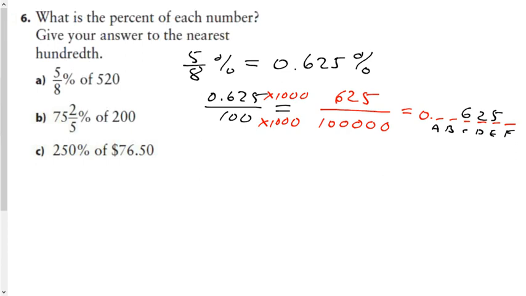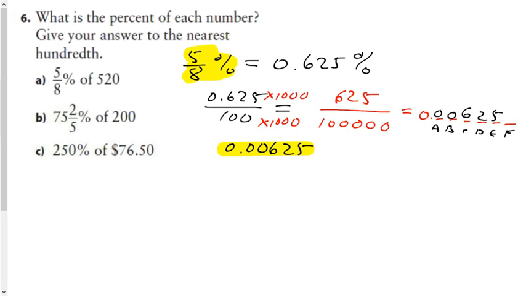Okay? But what do I need to insert to make sure it stays where it is? A couple zeros. And I end up with 0.00625. This number here, 0.00625, is 5/8 of a percentage expressed as a decimal.